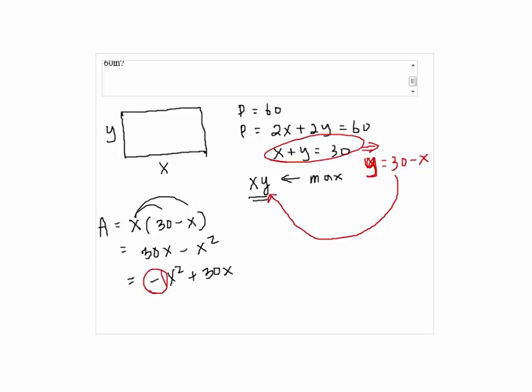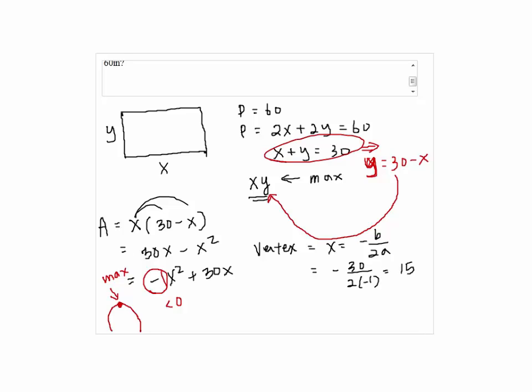Since a is negative 1, which is less than 0, we know the parabola is going to be opening down, so we can find the maximum by finding the vertex of the parabola. So the vertex, which is given by x equals negative b over 2a, is negative b, which is 30, over 2 times negative 1.